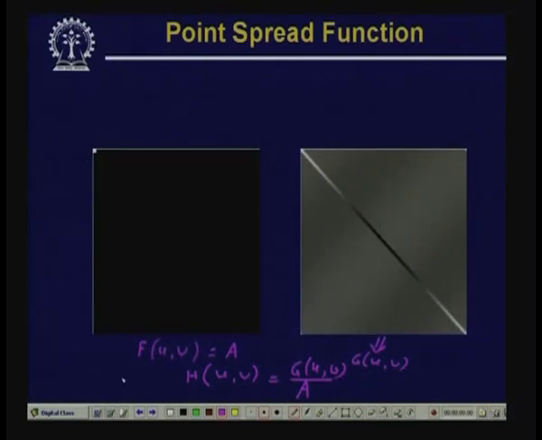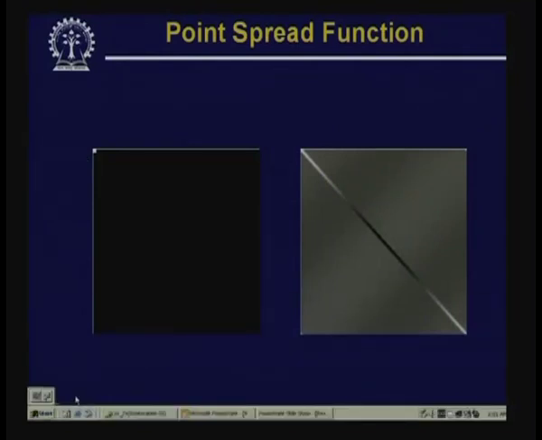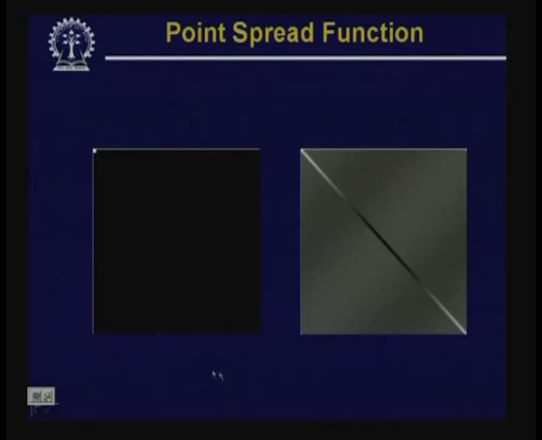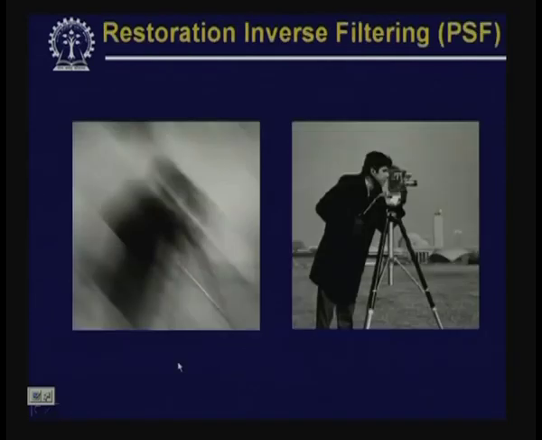Now, if I perform the inverse filtering using this recomputed degradation function, then we find that the reconstruction result is very good. So, this was the blurred image, and this is the reconstructed image obtained by direct inverse filtering, but here the degradation model was recomputed from the Fourier transformation of the point spread function.